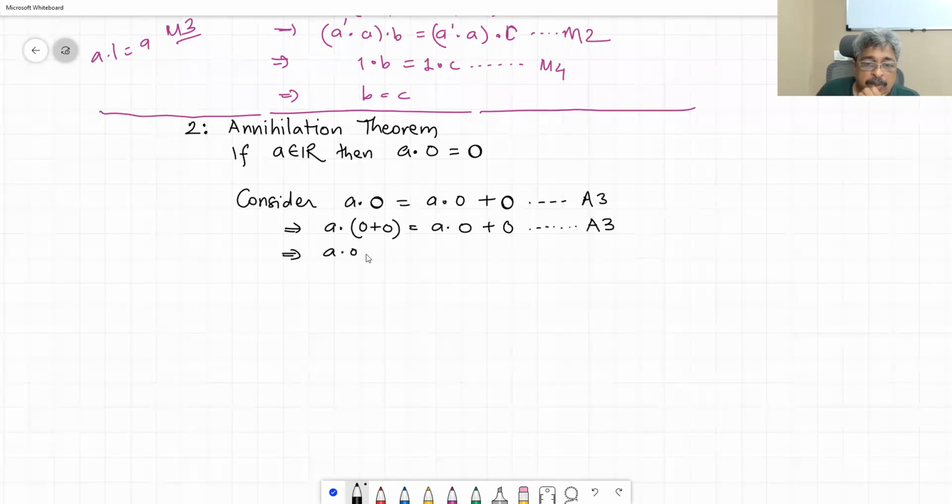So a into 0 plus a into 0 is equal to a into 0 plus 0. This is equal to, by the left cancellation law of addition, a into 0 equals 0.